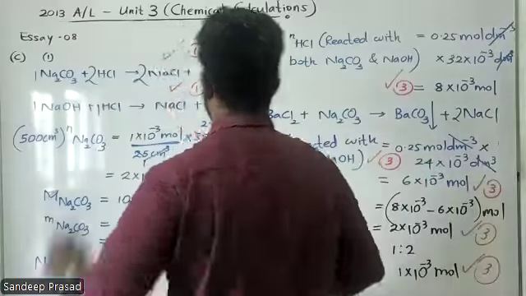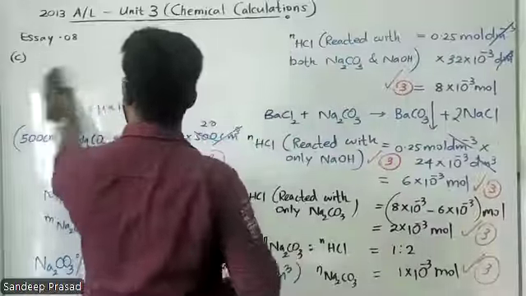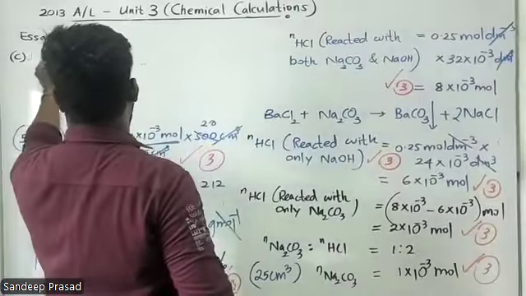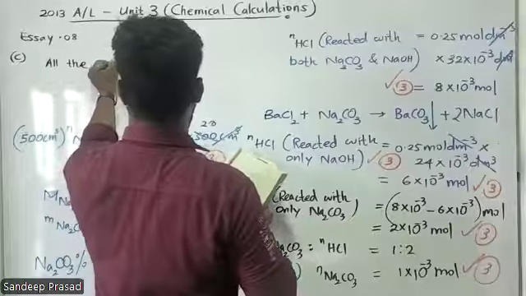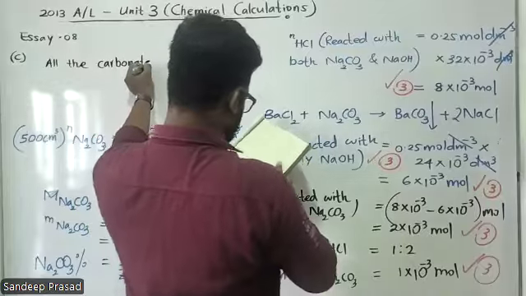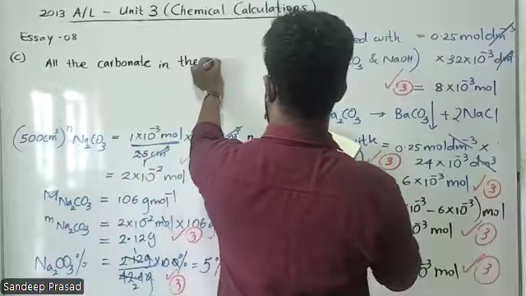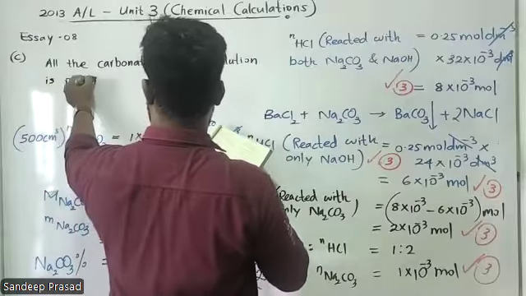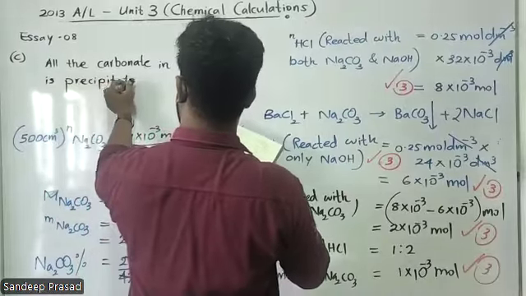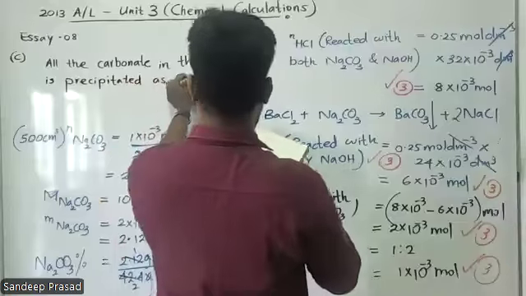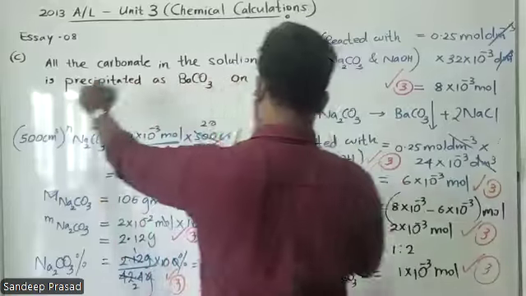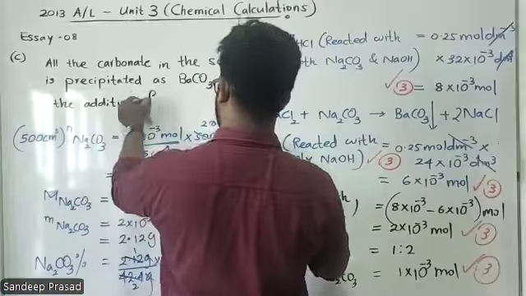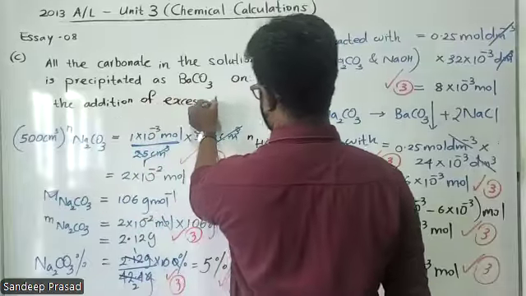Okay. So let me write down that one here. All the carbonate in the solution is precipitated as barium carbonate on the addition of excess barium chloride.